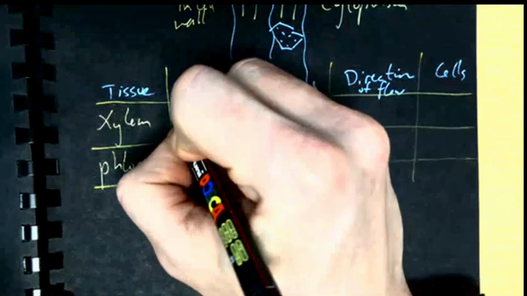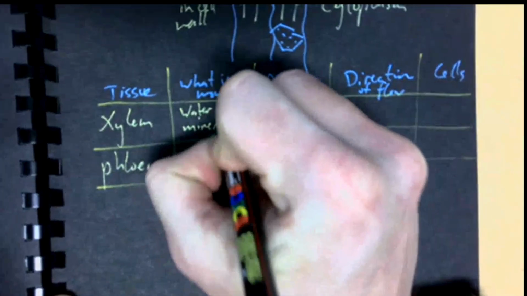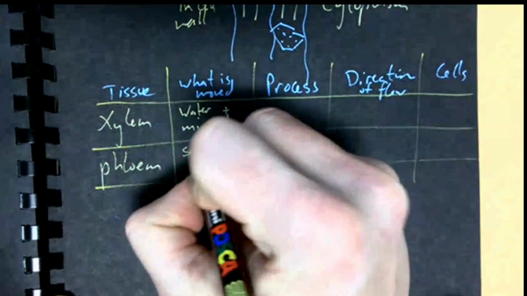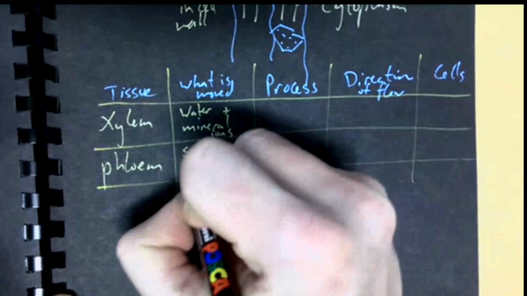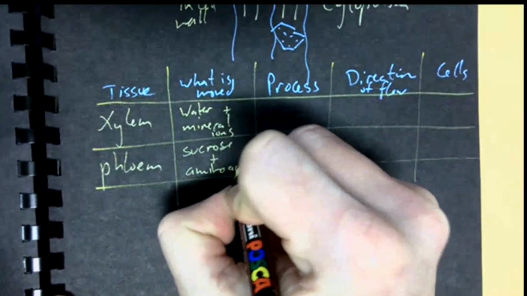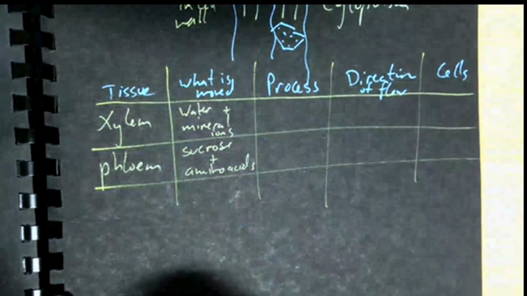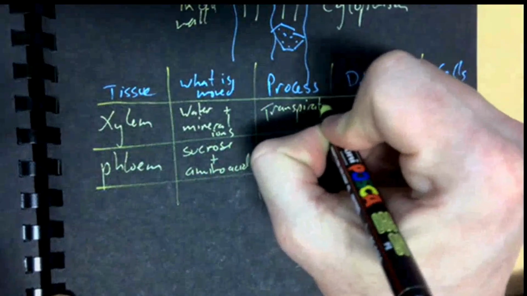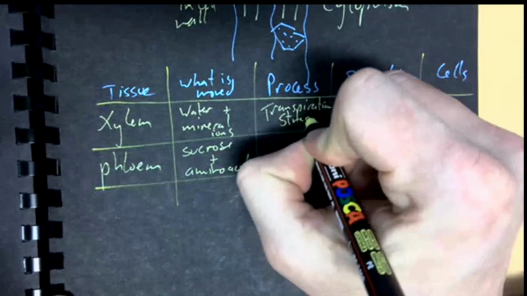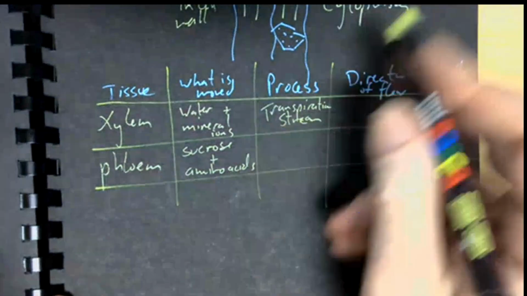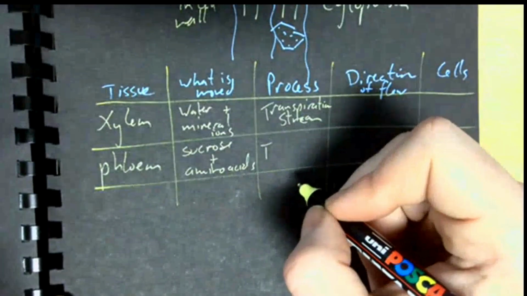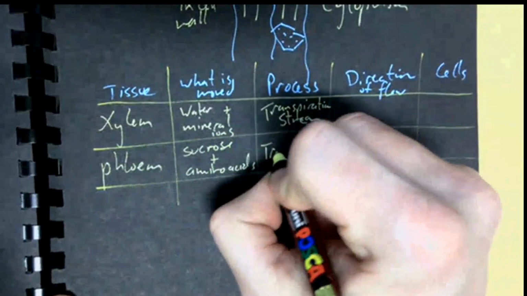What is moved? Well, in the xylem, it's water and mineral ions, and in the phloem, it's sucrose and amino acids. Process name is transpiration, and actually it can be referred to as the transpiration stream because it's a constant stream through the plant, but the movement of sugars and amino acids is translocation.